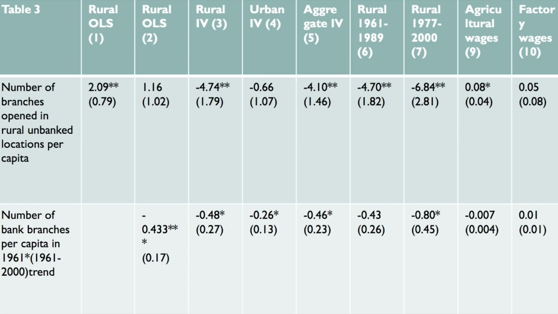A 1 point increase in per capita branch openings in rural unbanked locations is associated with a 4.74% reduction in rural poverty. Rural branch expansion in India can explain a 17% reduction in the headcount ratio. In contrast, rural branch expansion did not affect urban poverty.